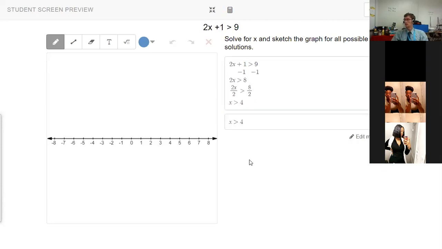And then plot it. What's the first number I want to plot? Where should I circle my starting point?